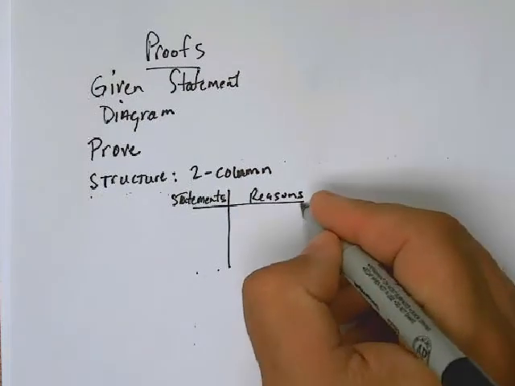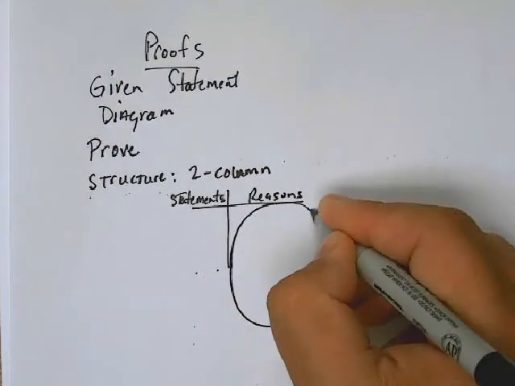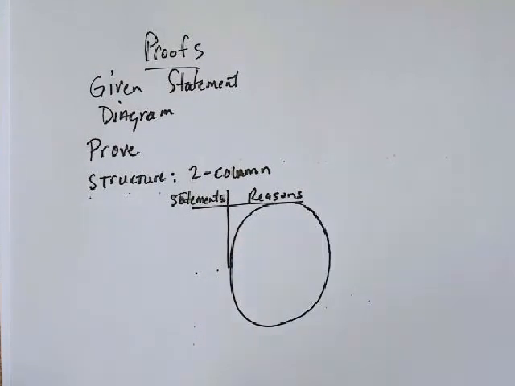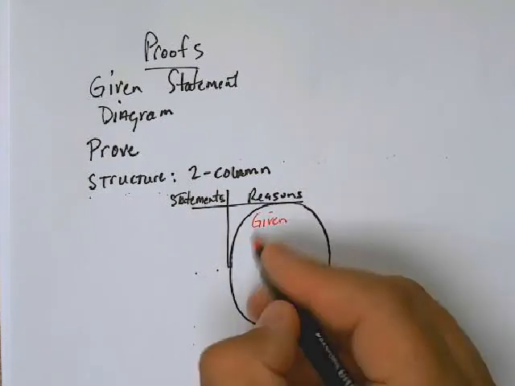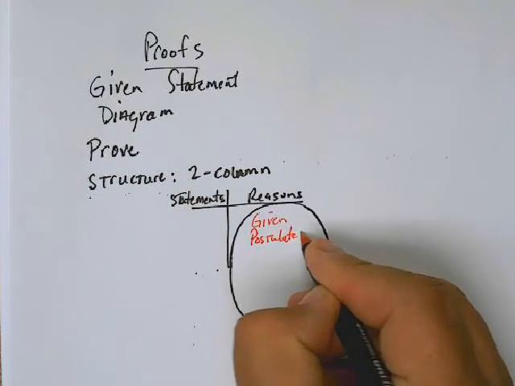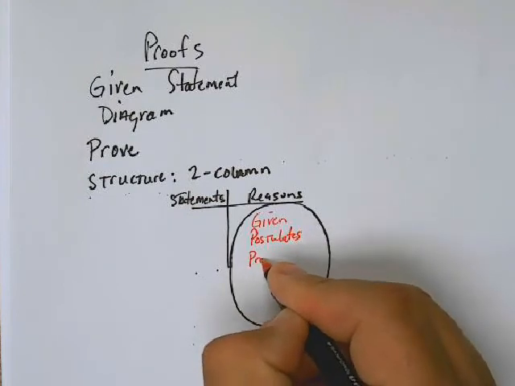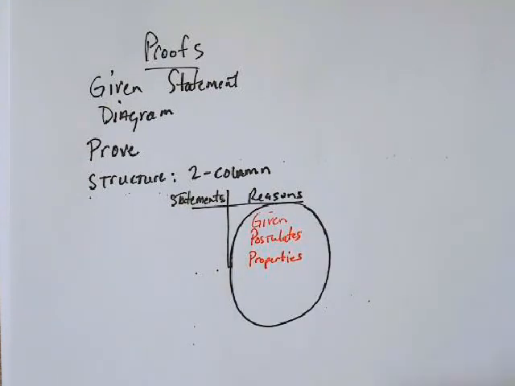In the reasons category, so over here, the only possible things that you can write are, you can use what's given, you can use postulates, you can use properties. What properties are we talking about? Like the subtraction property of equality.